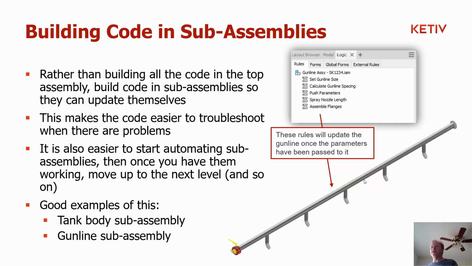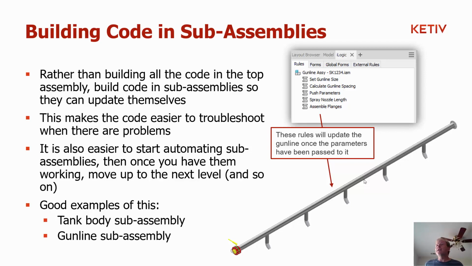It also makes it easier when you're building automation to start at the smallest level, get that automated first, then go up a level, get that automated and get that working with the automation that you already created, and keep going up until you get to the very top level. And now you have this nice hierarchical structure where all of your sub-assemblies, all of your parts know exactly how to work together to get the final configuration that you're looking for.